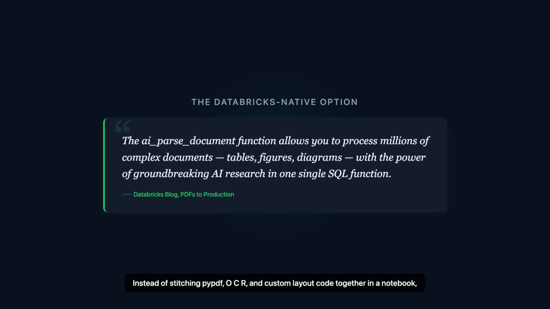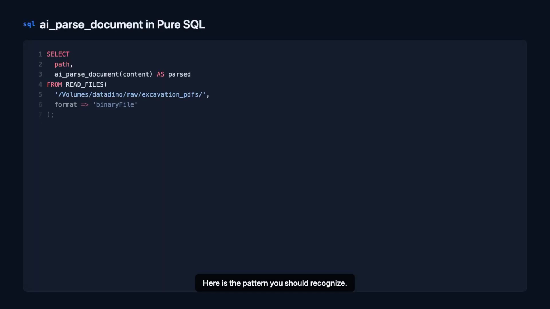Instead of stitching pypdf, OCR, and custom layout code together in a notebook, you write a select statement, and the platform parallelizes the rest. Here is the pattern you should recognize.